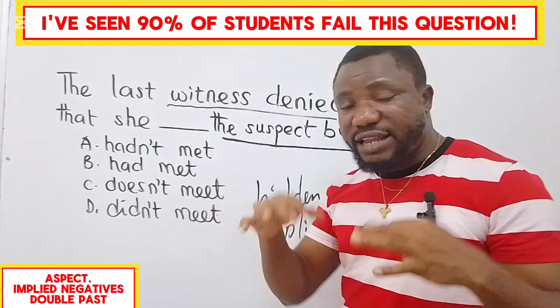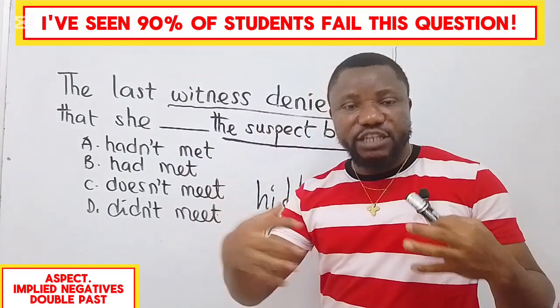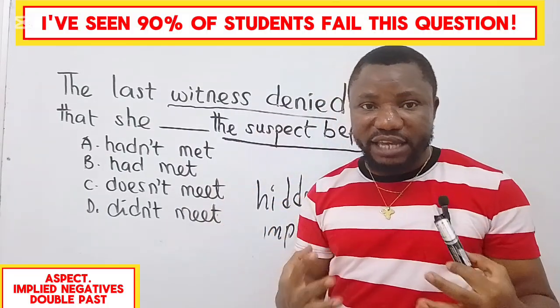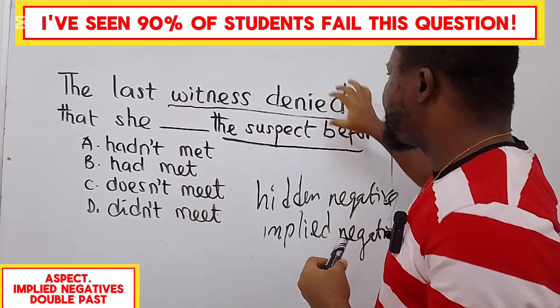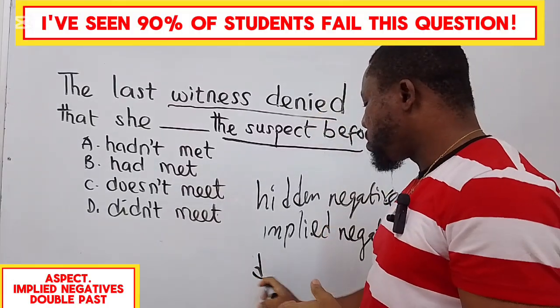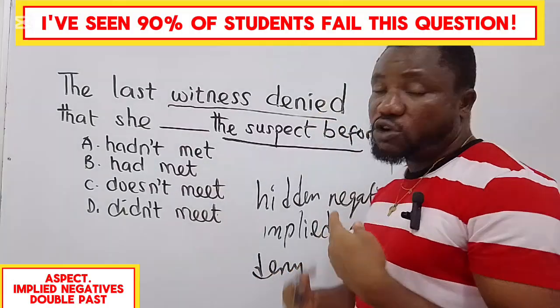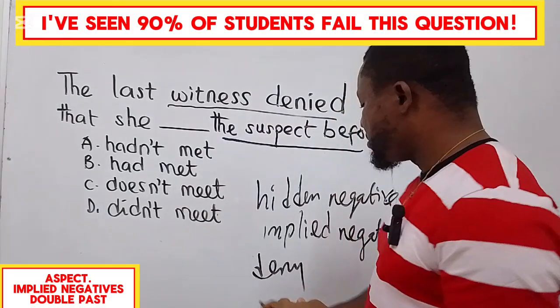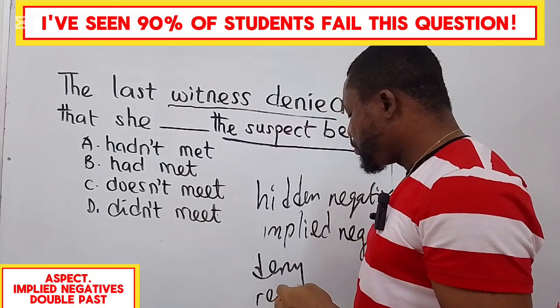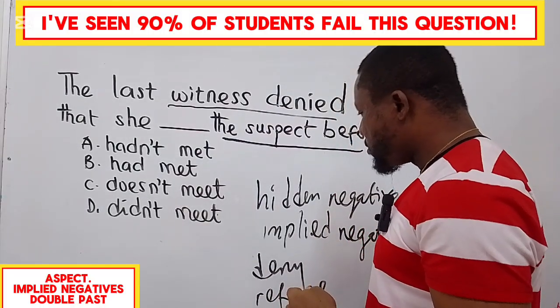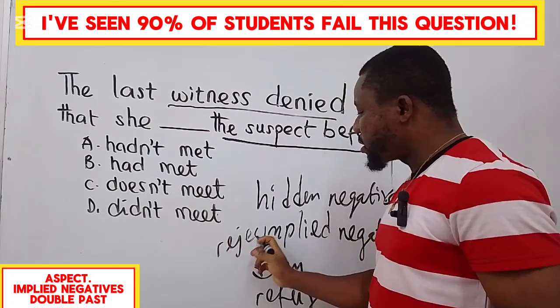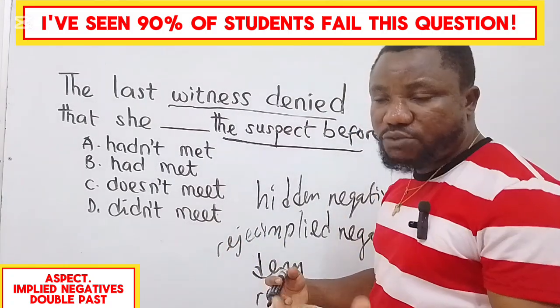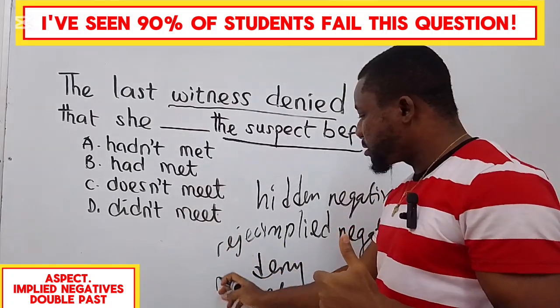We have some words that naturally carry a negative meaning. One of such words is the word deny. We have other words that are commonly used in exam situations. We have refuse. We have reject. We have prohibit. We have avoid.